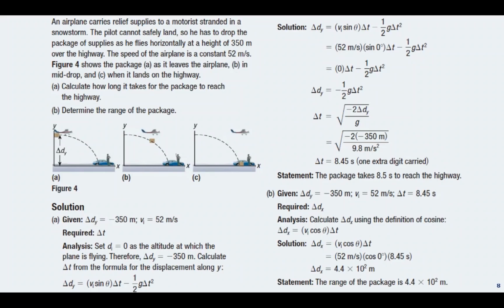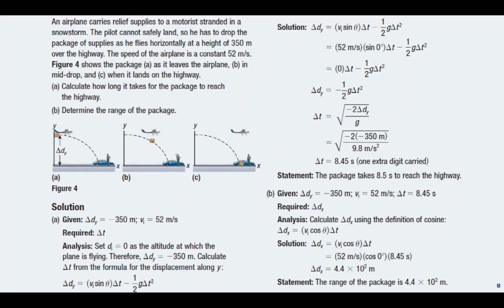Therefore, delta dy is -350 meters. So we can calculate delta t from the formula for displacement along the y direction. Delta dy equals vi times sine theta times delta t minus 1/2 times g times delta t squared.